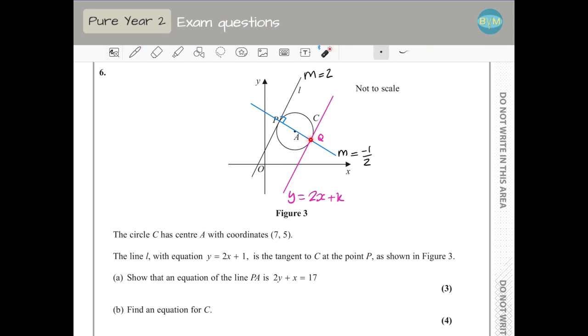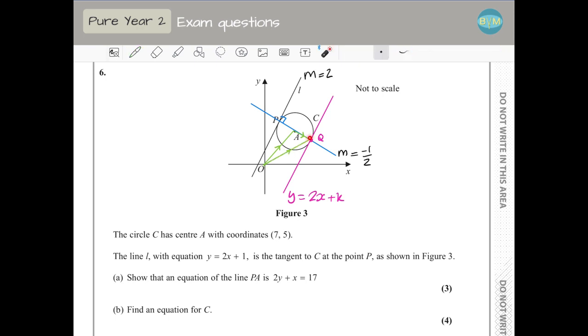We can find it using vectors, and I think that's what you have as the main answer in the mark scheme. So OA plus AQ is going to be OQ, and that way we can find OQ.